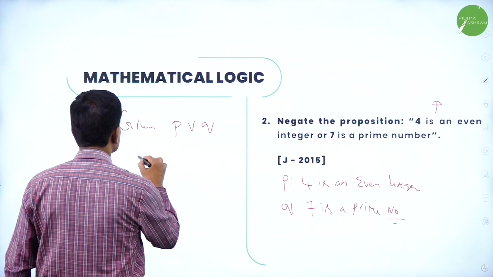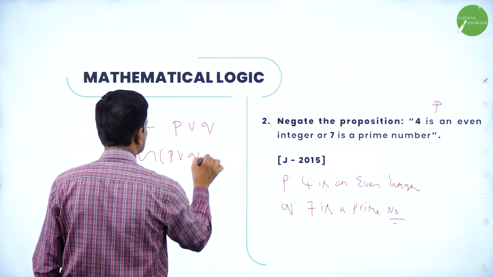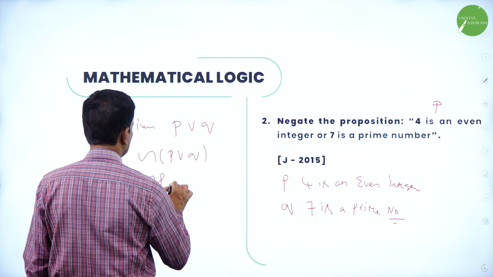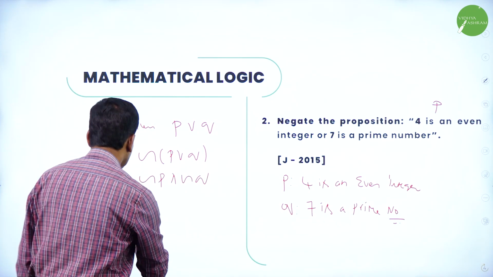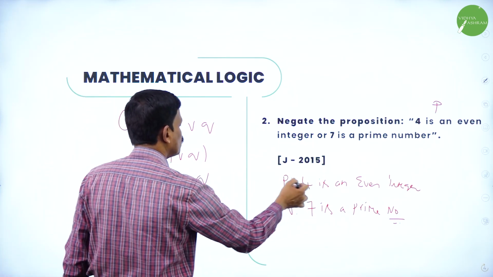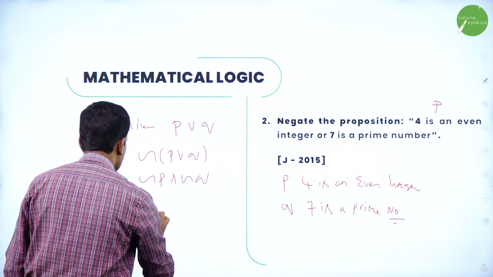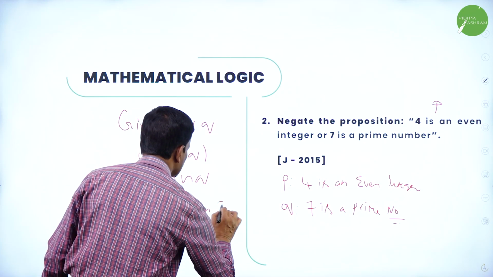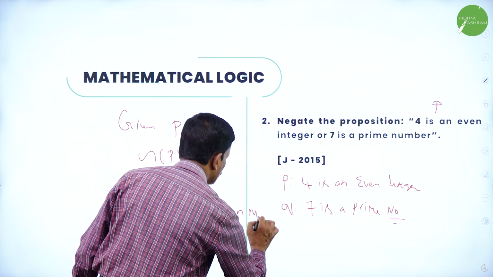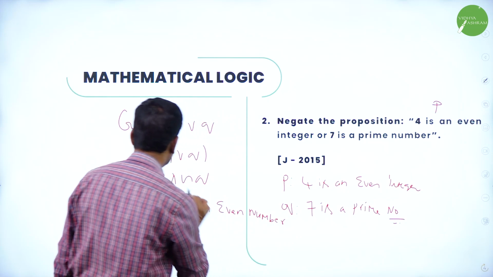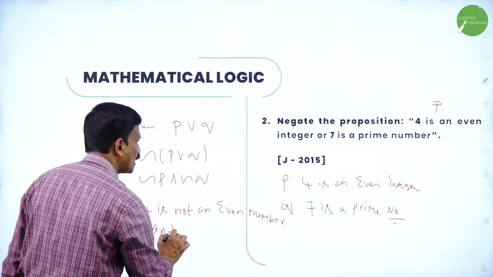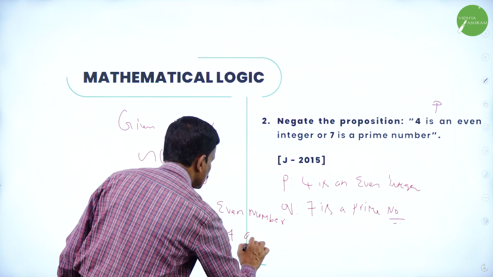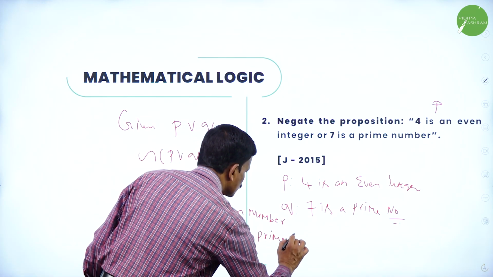Now we have to negate this. Negation of P disjunction Q is equal to negation of P conjunction negation Q. So negation of P is 4 is not an even number, and conjunction here, 7 is not a prime number.